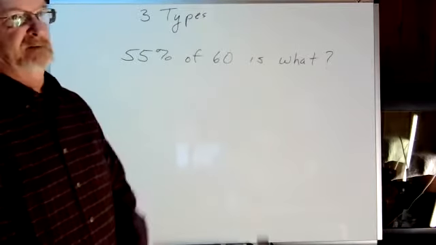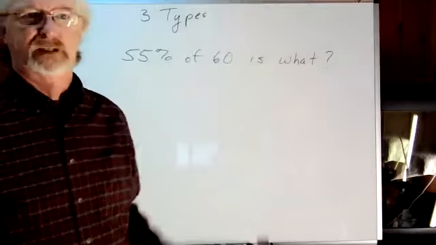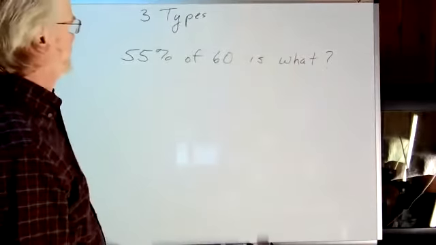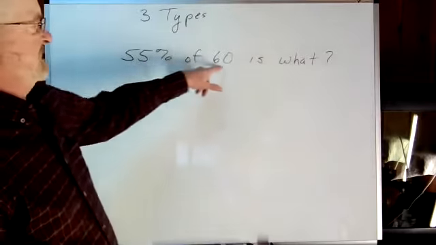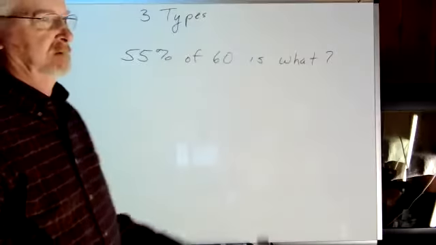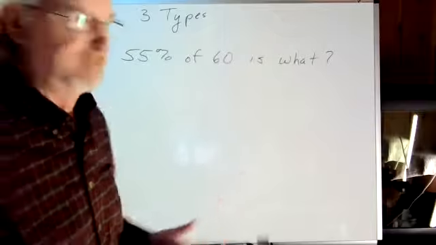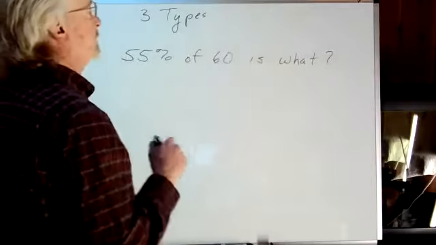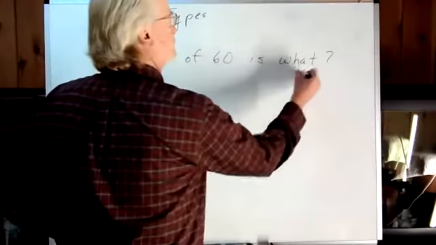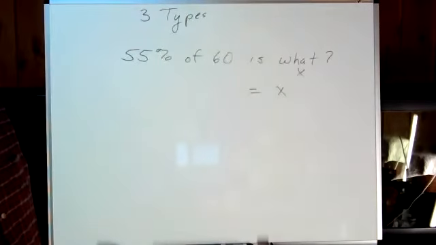This is the same situation. I just kind of reversed the way I constructed the sentence. 55% of 60 is what? 15% of my bill is 20%. I'm a big tipper. Anyway, so is what? Again, this one can kind of have that nice shape.